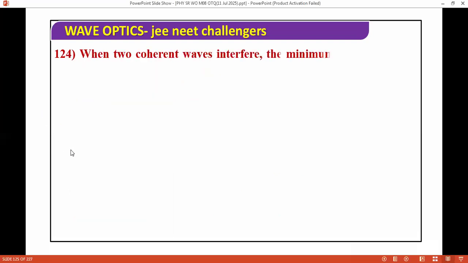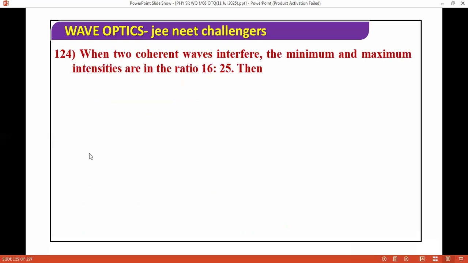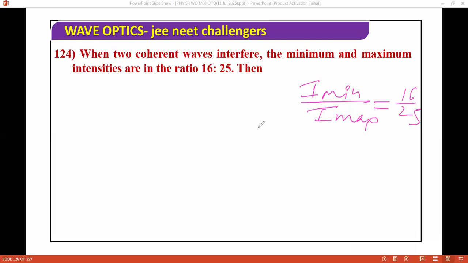When two coherent waves interfere, the minimum and maximum intensities are in the ratio 16 to 25. So basically I min to I max is given, that is 16 to 25. Yes or no?